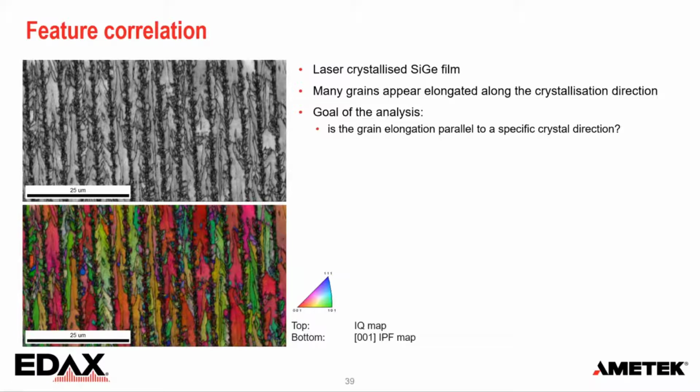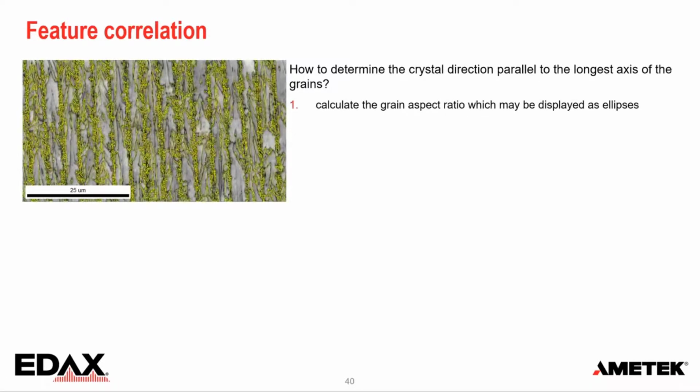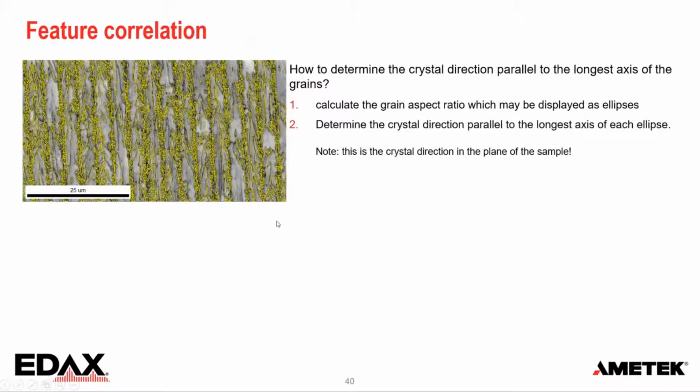So is there a preferred crystallization direction when it's hit by the laser? So what you can do for that is first you need to identify the shape of those grains. So here we can make best fit ellipses to the entire grains. And for each of these ellipses, we can identify the crystal direction parallel to the longest axis of that ellipse.